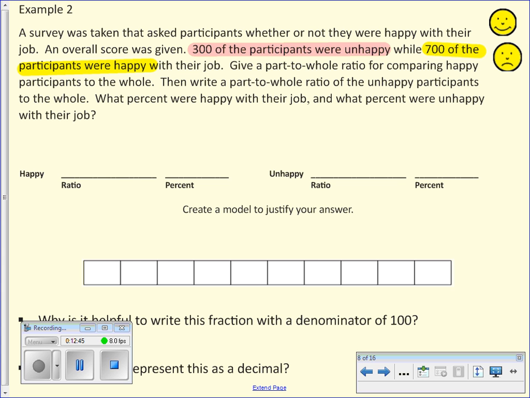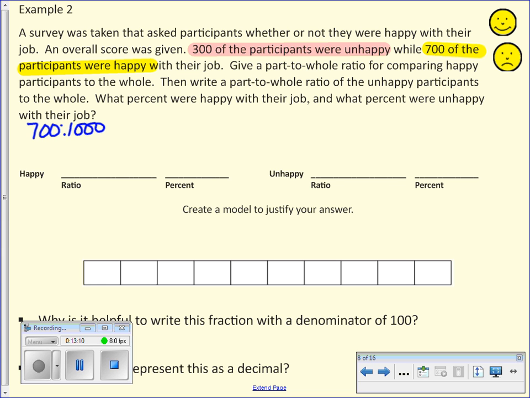What is my ratio of happy? I would do 7 to 10. I don't see a 7 or a 10 here. So back it up a little bit. 700 to 1,000.